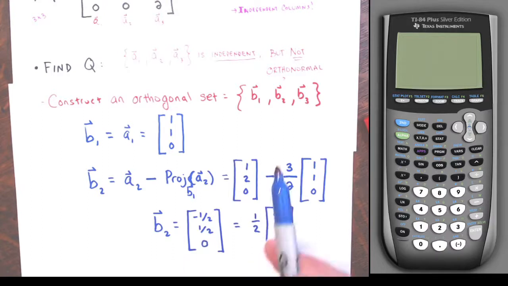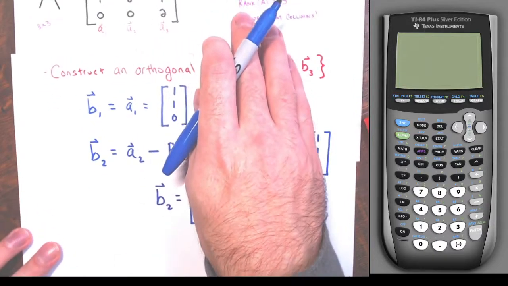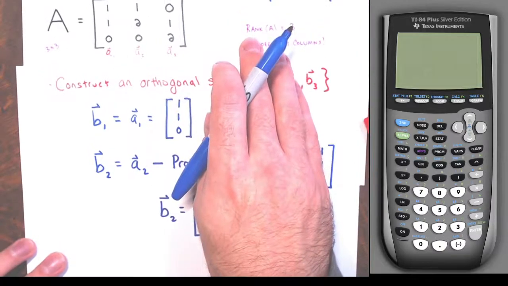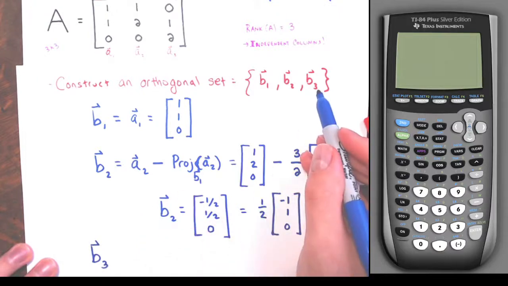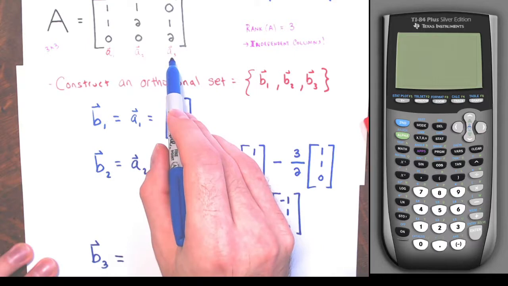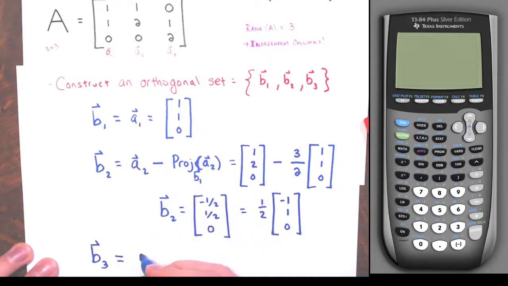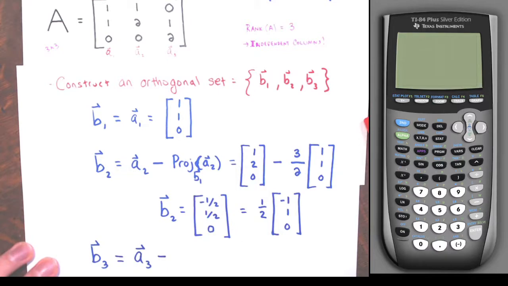Okay, and then for B3, I do the same thing, just with more projection subtraction. So for B3, the third vector in my orthogonal set, I take the third vector from my independent set, A3, and then I subtract the projection of A3 onto each of the previous vectors from the orthogonal set.